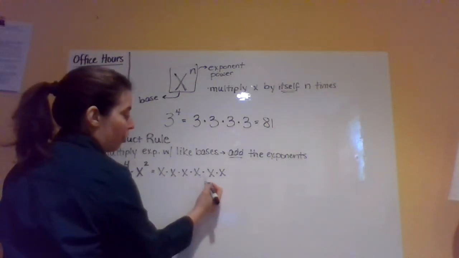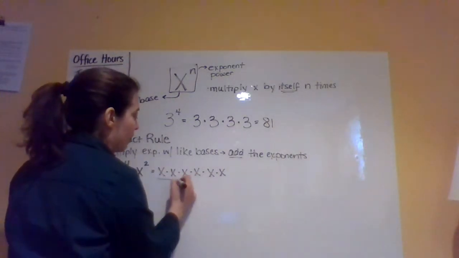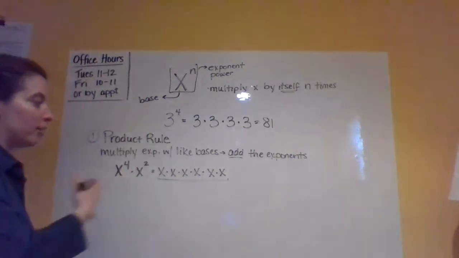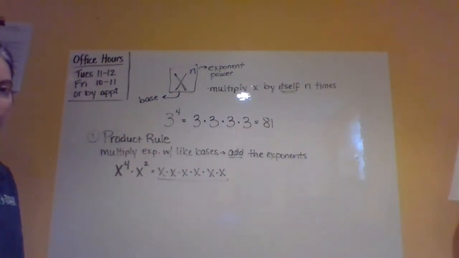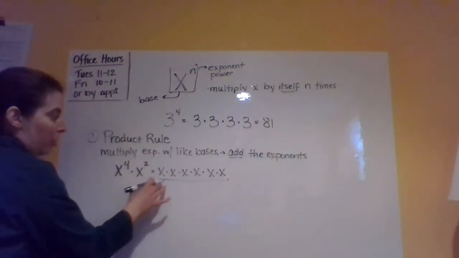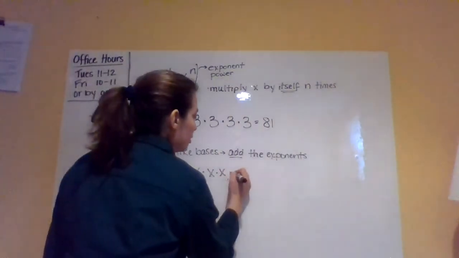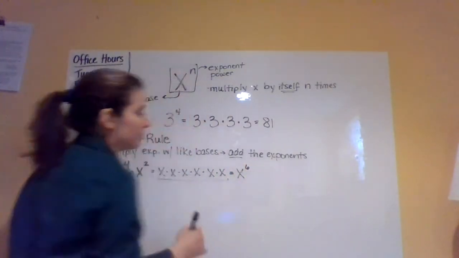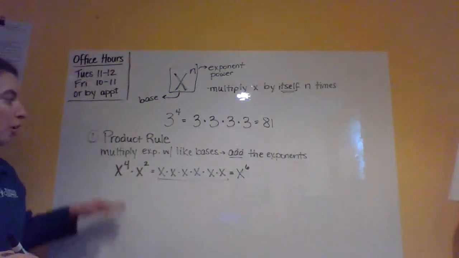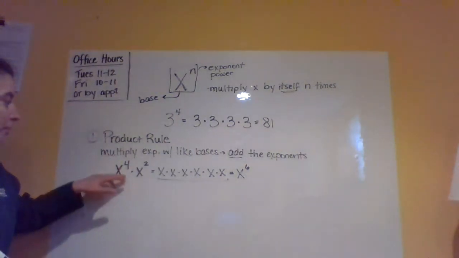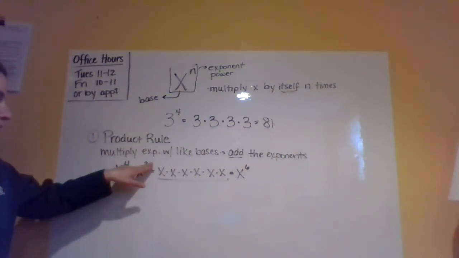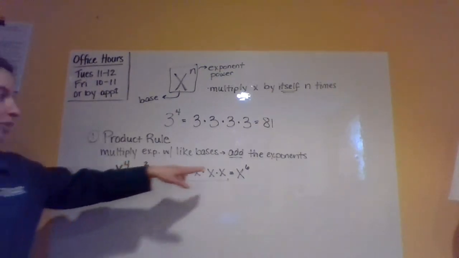Here's my x to the 4th, here's my x squared, but now we can kind of look at it all as one expression. If you look at that, x is being multiplied by itself 6 times now. So this does follow that rule. X to the 4th times x to the 2nd, same base, we add the exponents.